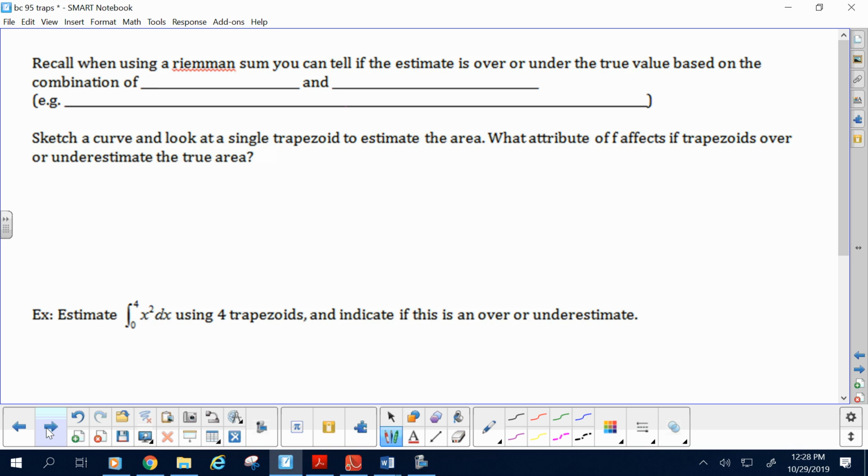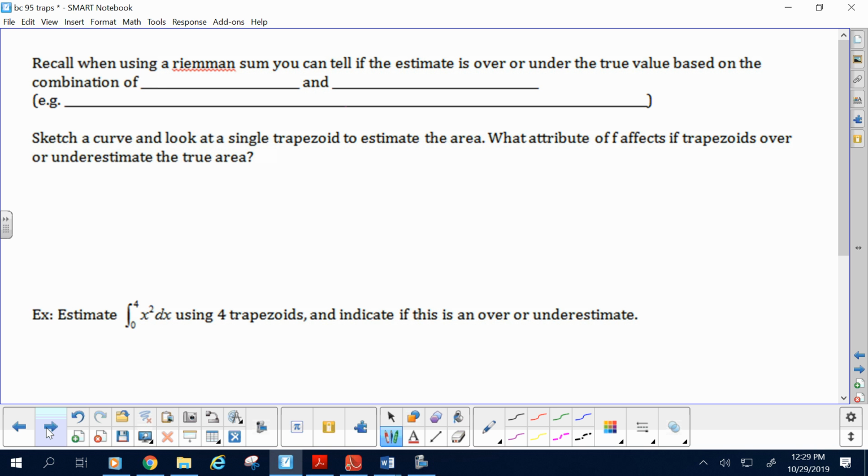Okay, here, would you draw me an increasing concave up and an increasing concave down? If you used right rectangles in this first subinterval, which is going to be greater, the right side or the left side? Why? Is it because it's concave up or because it's increasing? It's because it's increasing, the right side is bigger.